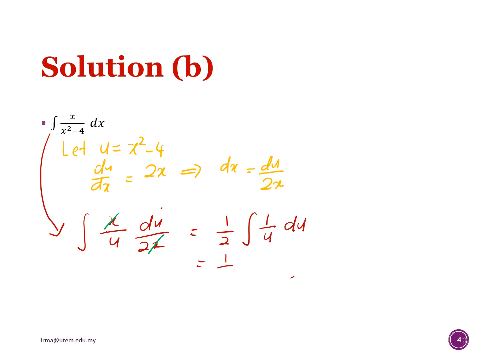Again, if you integrate 1 over u, you will get ln u. And that u you need to replace back by x squared minus 4.